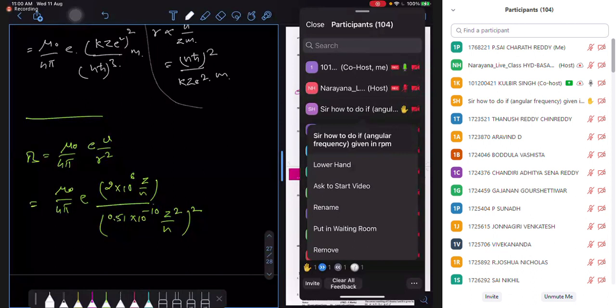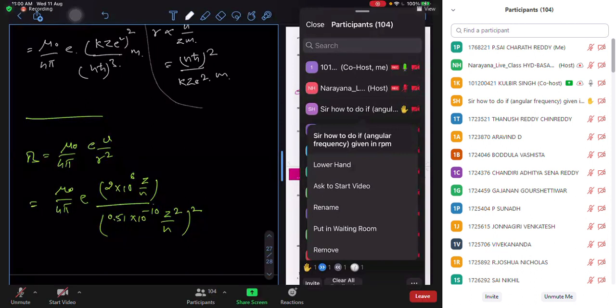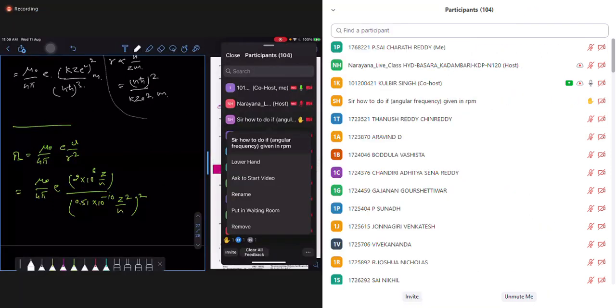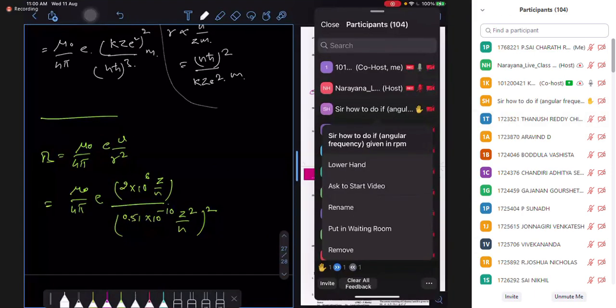Great question. What if the angular frequency is given as RPM? Convert the RPM into radian per second. RPM is not really a concept. What is RPM?